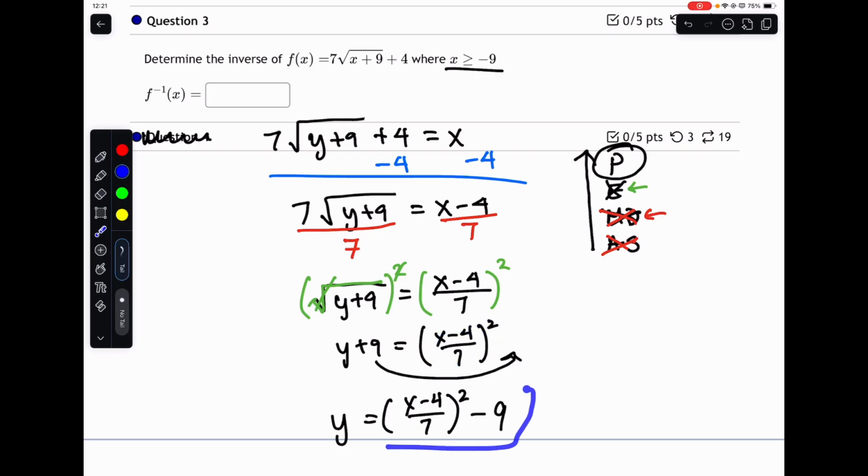So this right here, let me box it in, is going to be our answer. And you only have to write this part that I've highlighted in blue because the notation of y is this notation right here. So we don't have to write that in yellow. Only what I've boxed in blue.